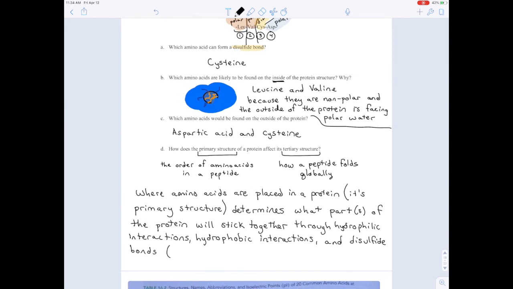That is its tertiary structure. So where amino acids are determines what parts of the chain come together. And that's how the primary structure of a protein affects its tertiary structure.